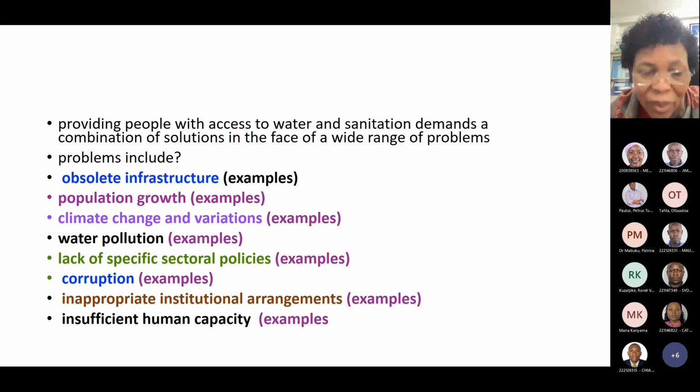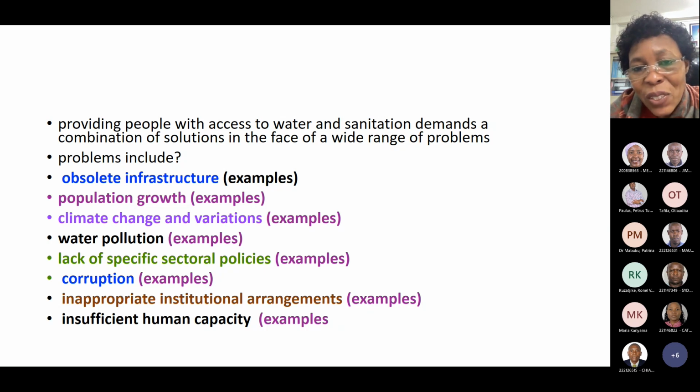Well, literature informs of insufficient human capacity. Now, how can I explain this? At times, again, there are variations from one country to another, from one place to another.